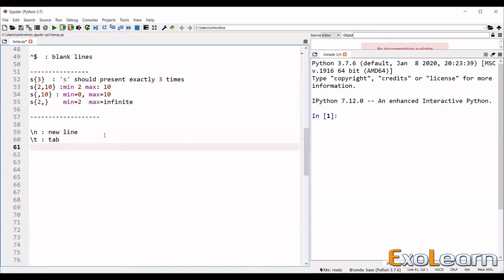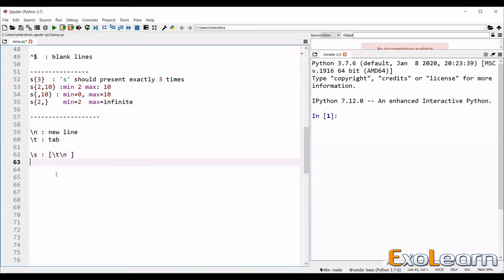When you are going to represent a blank space, you need to literally type the blank space, or else we have a shortcut for it, that is slash small s. It means all spaces. They can be either slash t or slash n or even a blank space. All those blank space characters can be represented using the shortcut slash s.